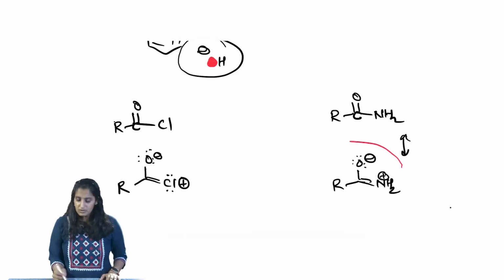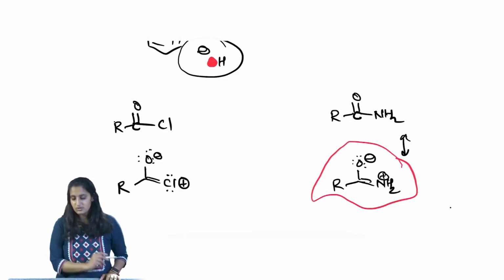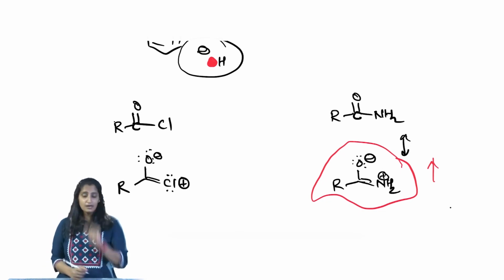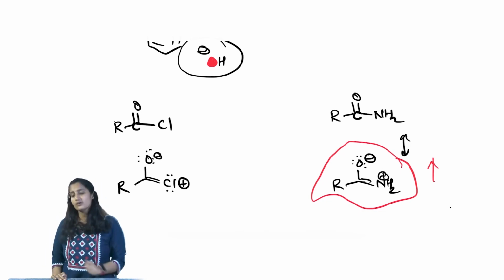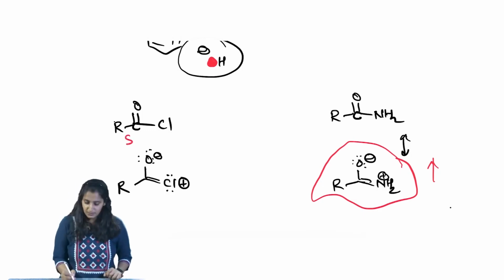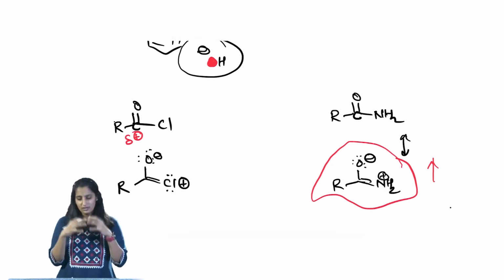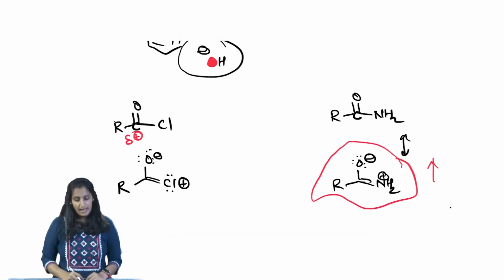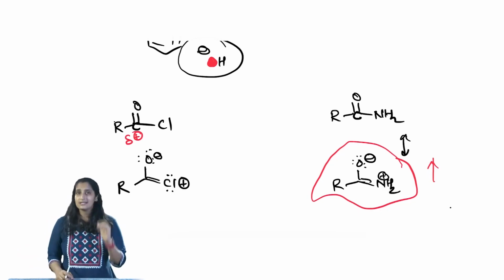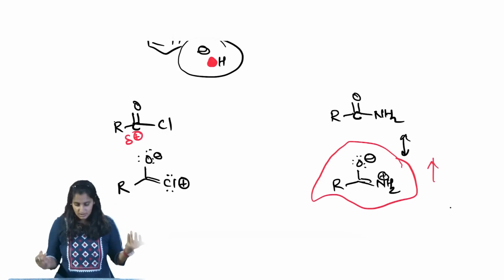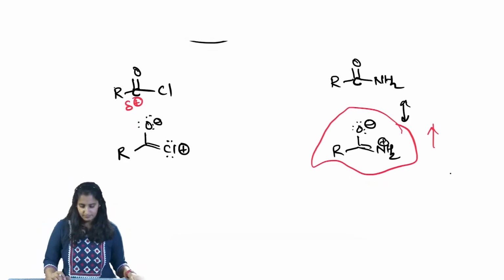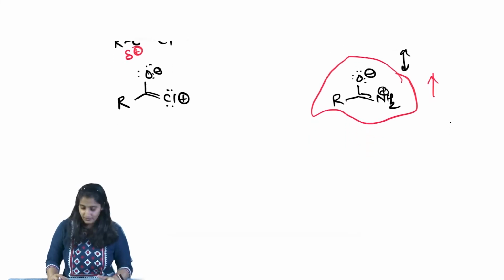So, the contribution of this particular resonance structure is way higher, as a result of which the carbon there is not as electrophilic, and this particular delta plus on the acid chloride is way stronger as compared to the amide, and thus acid chlorides will undergo this reaction in a much better manner. They are more reactive in this particular reaction.